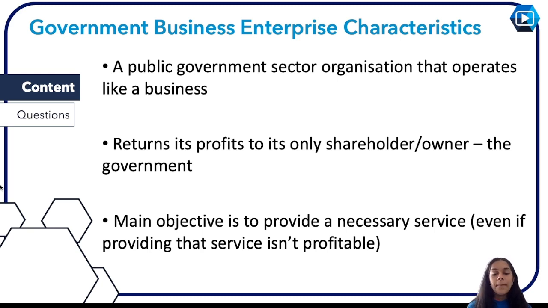So all profits will be held by the government, and their main objective is to provide a necessary service, even if providing that service isn't profitable. If you think about some government business enterprises, some good examples would be Australia Post and Vic Roads. All of these are examples of necessary services. The government takes on that responsibility in terms of providing that.